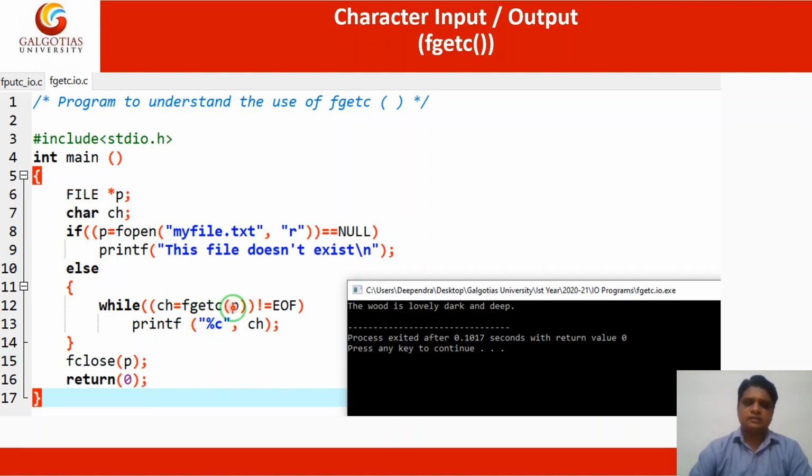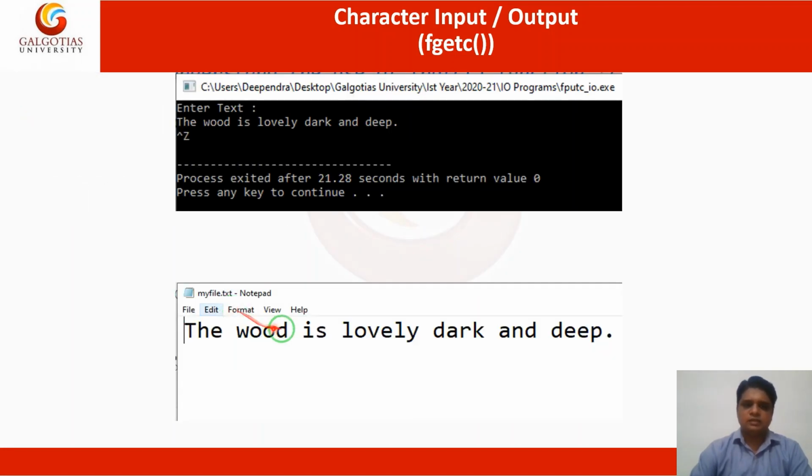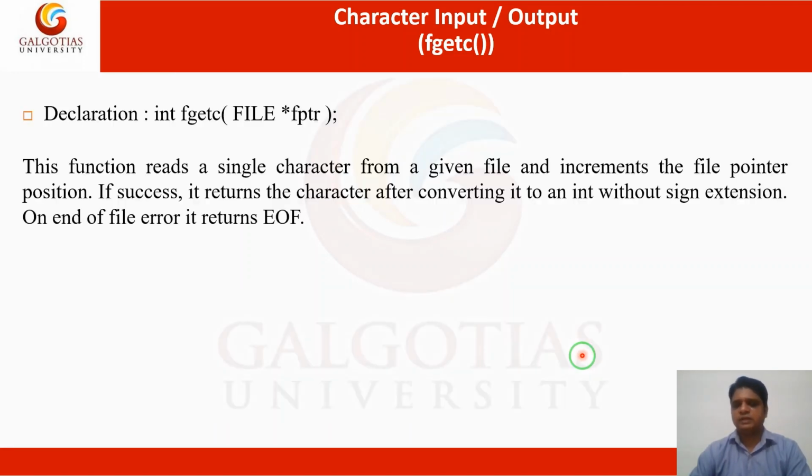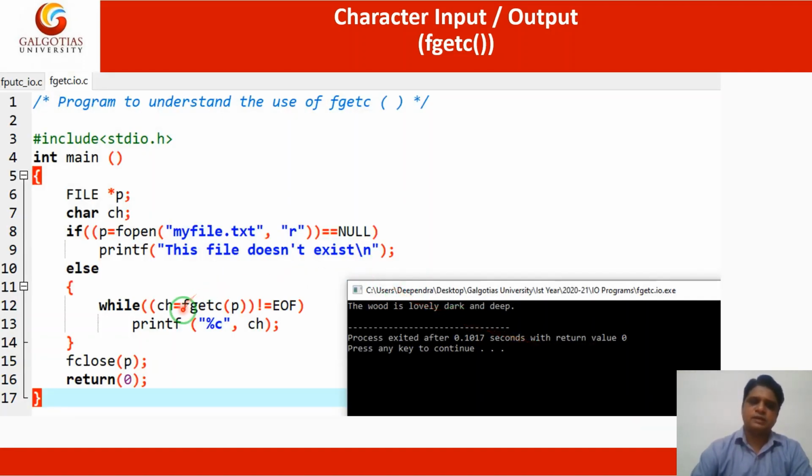In the starting, the pointer will point to the T, and the first time it will get the value of T, then automatically increment for the next character fetching, then the next character, and the next, up to end of file. This is the operation of fgetc, and it prints all the characters one by one on the console. So this is the property and functionality of fgetc.